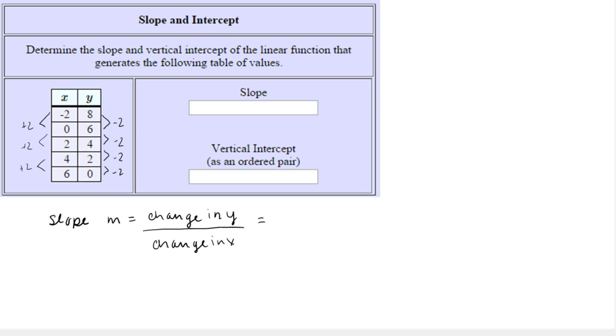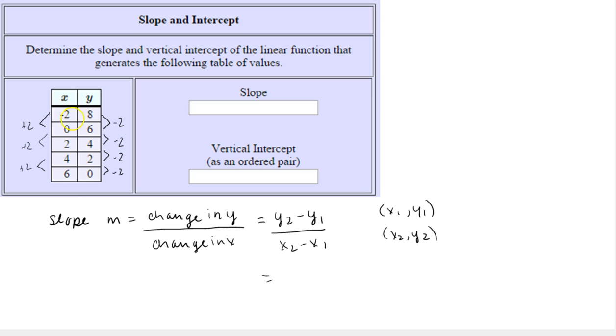And another way we can compute this is you can take any 2 points, where x1, y1 is the corresponding values of one point and x2, y2 is the corresponding values of another point. So I'm just going to pick 2 points, and you'll see from this pattern, we could have figured it out without using this whole formula too.